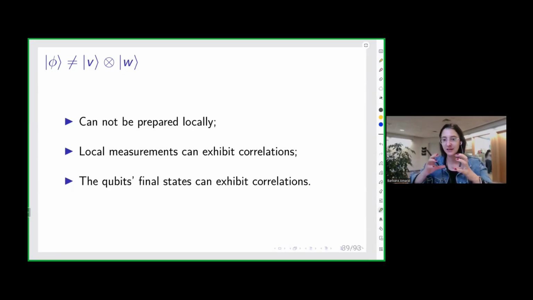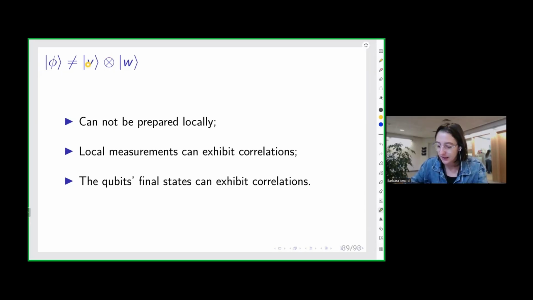You have a joint system, but you don't actually care about qubit 2, you just want to describe qubit 1. Or the opposite, you don't care about qubit 1, you just want to describe qubit 2. So from your point of view, one of the qubits is not interesting. I would like to have only the state of my qubit, for example, qubit 1. I will just throw away qubit 2, just look at qubit 1.